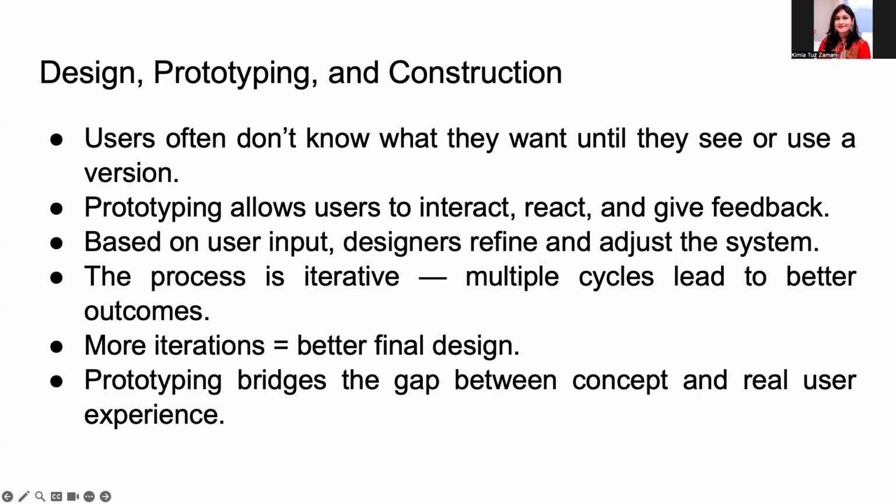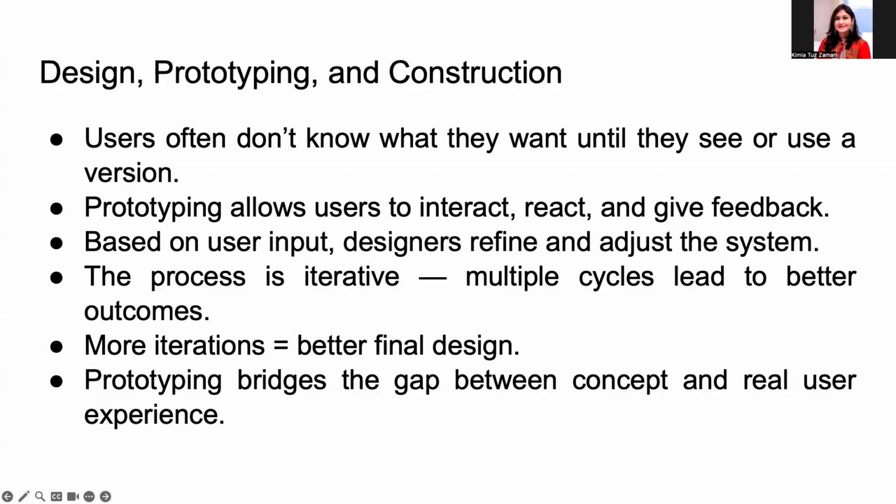So, as users engage with each prototype, their feedback helps reveal design flaws, missing features, and usability challenges that might not have been obvious earlier. This process is highly iterative. Designers create and then test, refine, and rebuild multiple versions of the same system. Each cycle improves the product's usability, performance, and alignment with users' expectations.